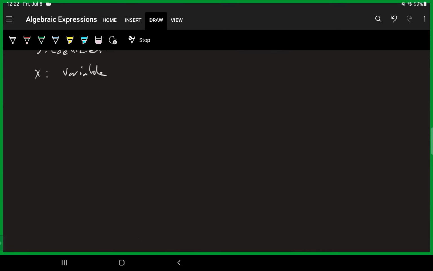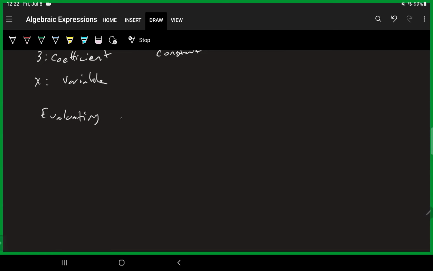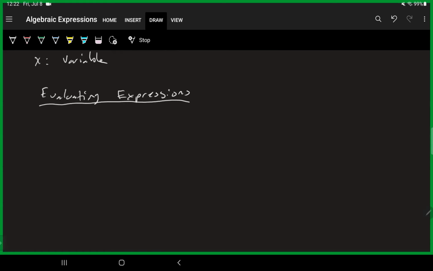So when we have expressions, one of the things that we're going to be told to do with expressions quite a bit would be evaluate. So what does that mean? If I have some instructions, I want to know what 3x plus 1 is when x is 5.